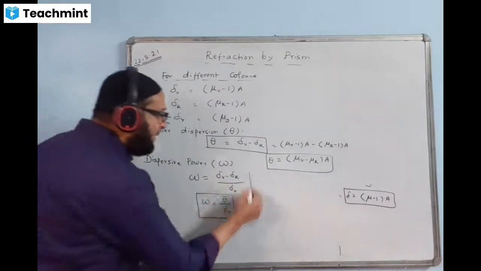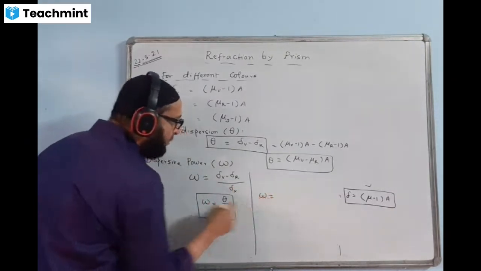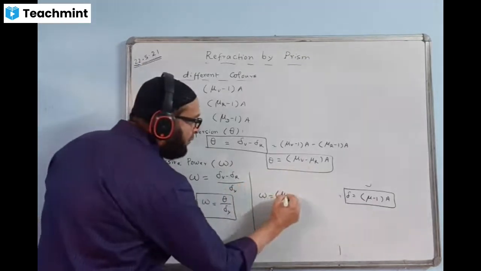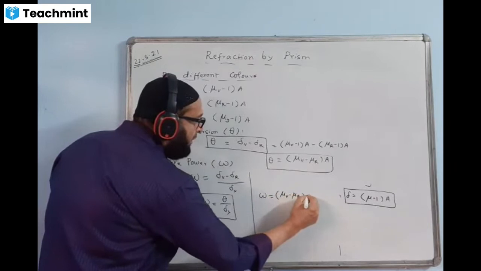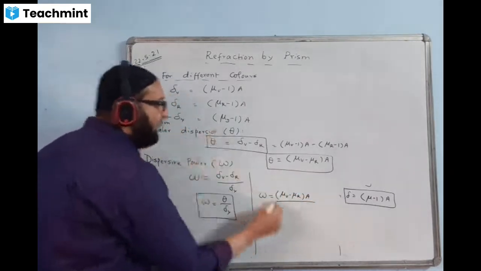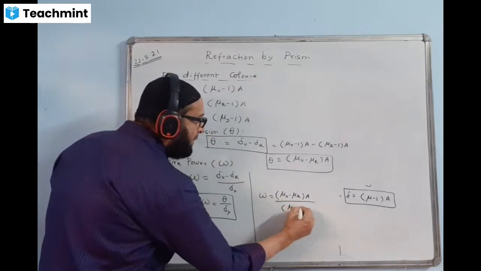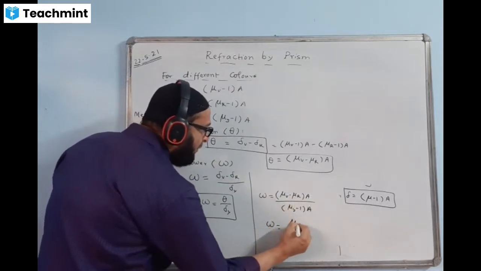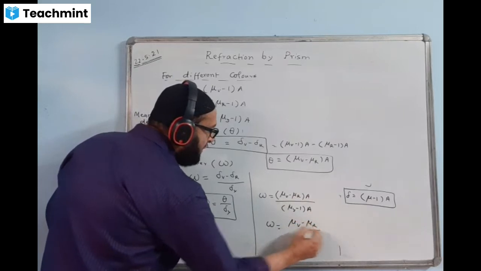Now let us express it in terms of refractive index. Omega is equal to theta. Theta value is how much in terms of refractive index? Let us write down mu V minus mu R into A, upon delta Y, which is mu Y minus 1 into A. A and A cancel.